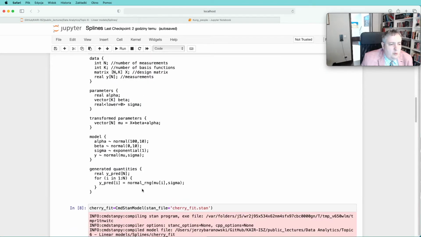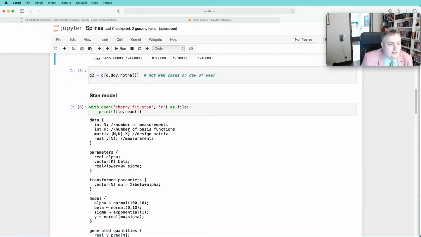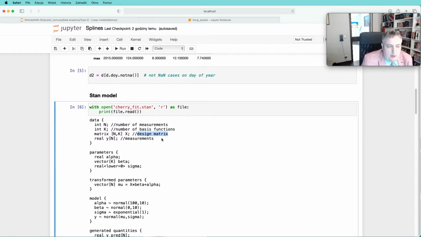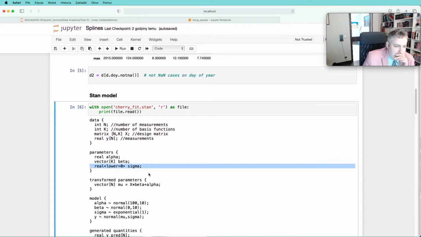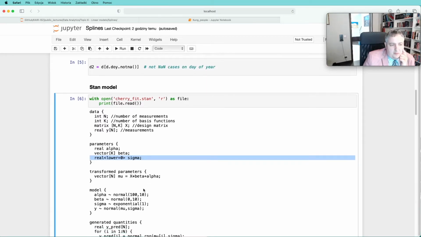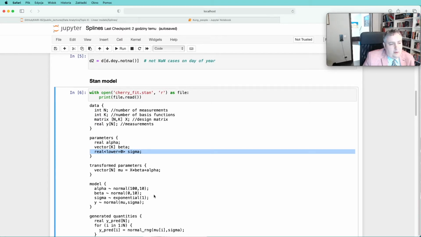And our Stan model looks generally very simple, because we provide it with a design matrix like in any regression modeling. We have the number of measurements, and the number of basis functions, which is generally the number of columns in the design matrix. We have a vector of parameters, one for each of the basis functions, and we compute our transformed parameters in a vectorized way, multiplying the design matrix by the vector of parameters, and assigning appropriate priors.